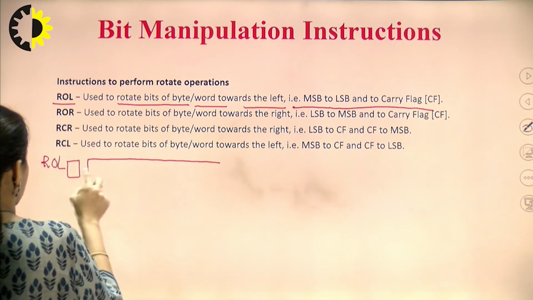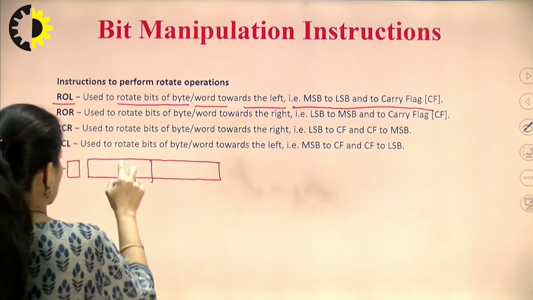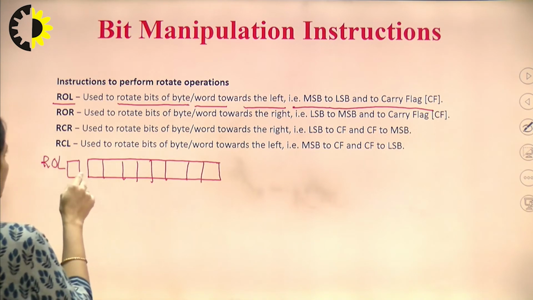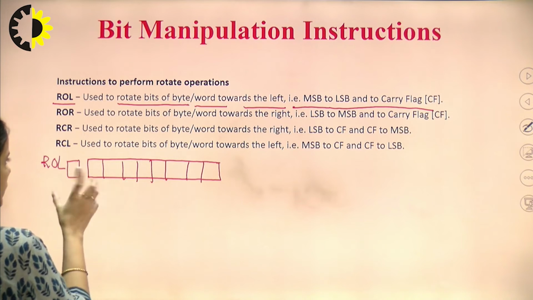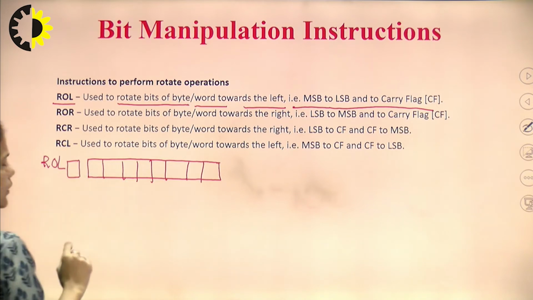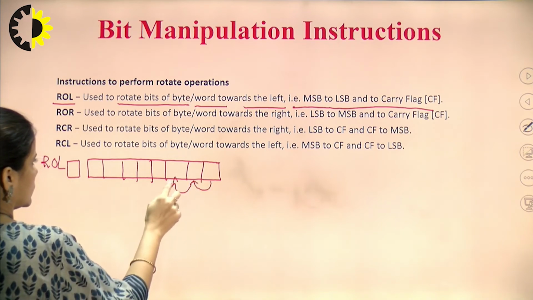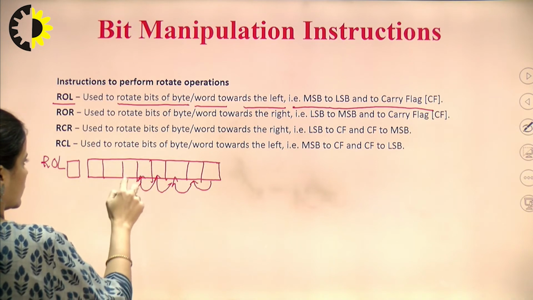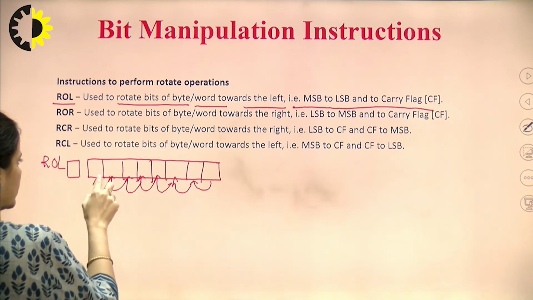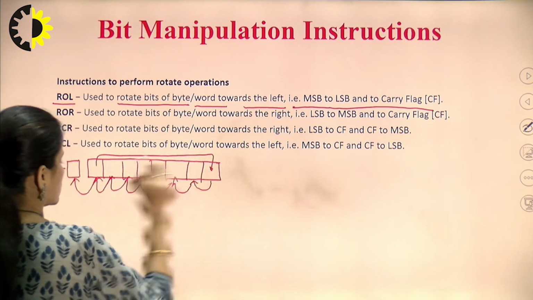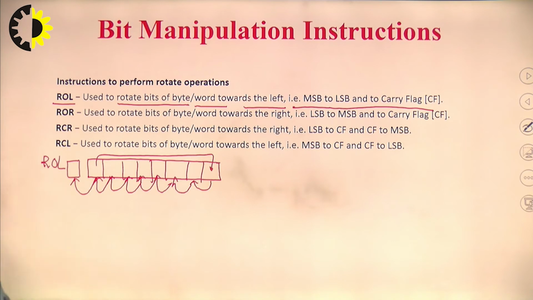This is the carry flag. It is used to rotate the bits to the left. Suppose we are performing only one left rotation. What we check is that the carry is not rotated along with the data.